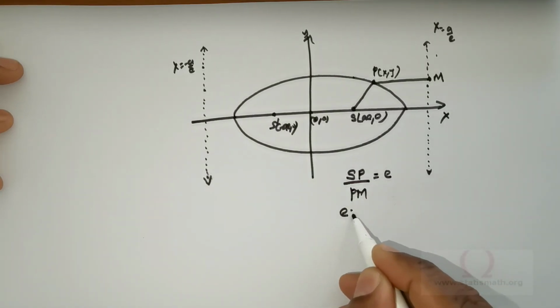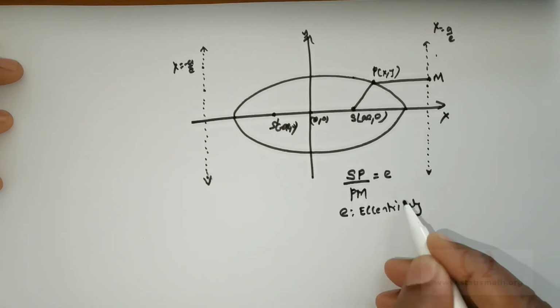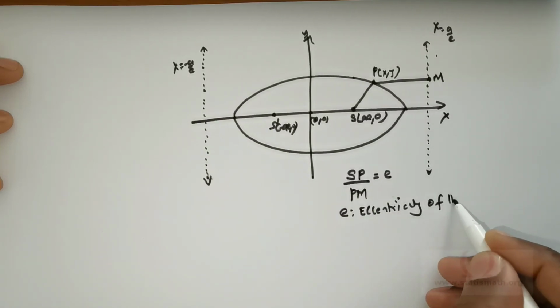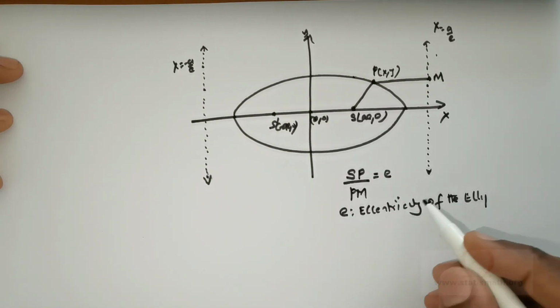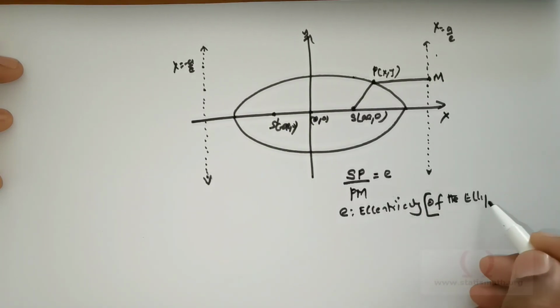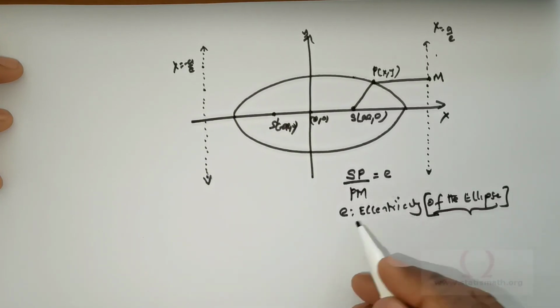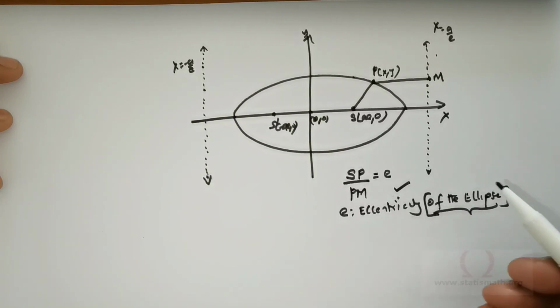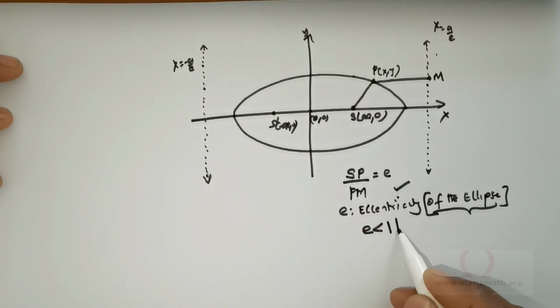Now what is this e? e is called the eccentricity. Just mention e is equal to eccentricity, and that is fine. The value of e for the ellipse is less than 1.